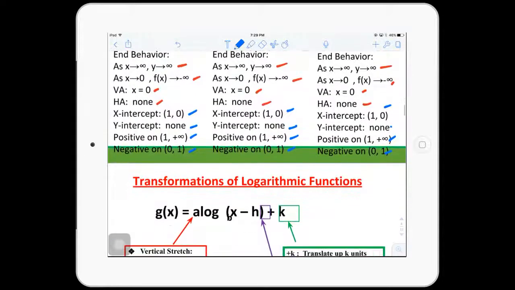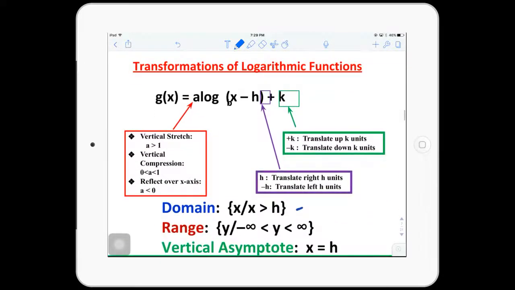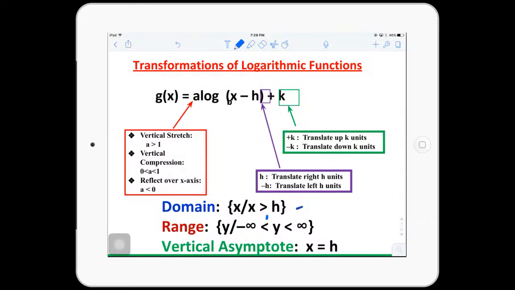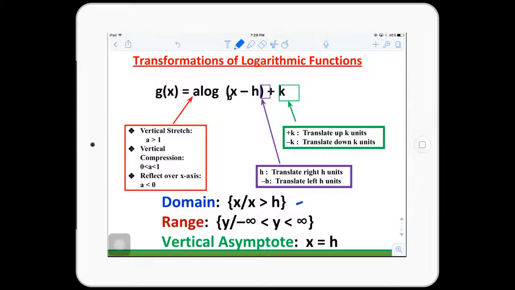Now let's take a look at the transformations that are going to help us graph the functions. Based on the equation, a tells us whether the graph has a vertical stretch or compression. And h in the middle tells us two things: the vertical asymptote and the domain.